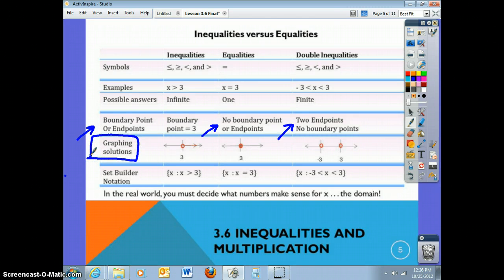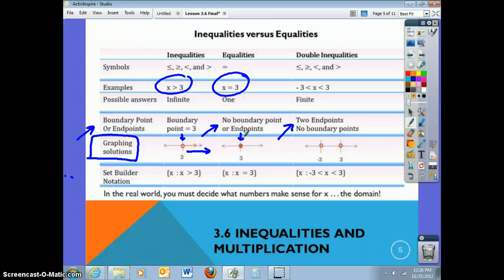So when you graph an inequality, and you might have had this before, if it's x is greater than 3, you put an open circle right here, meaning it does not include the 3, but this red arrow right there says it includes everything greater than 3. When you graph an equality, you just put a dot right at the spot that makes it true.